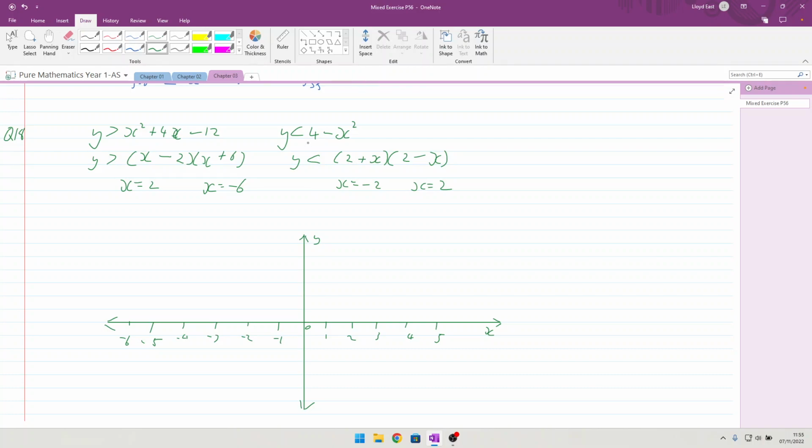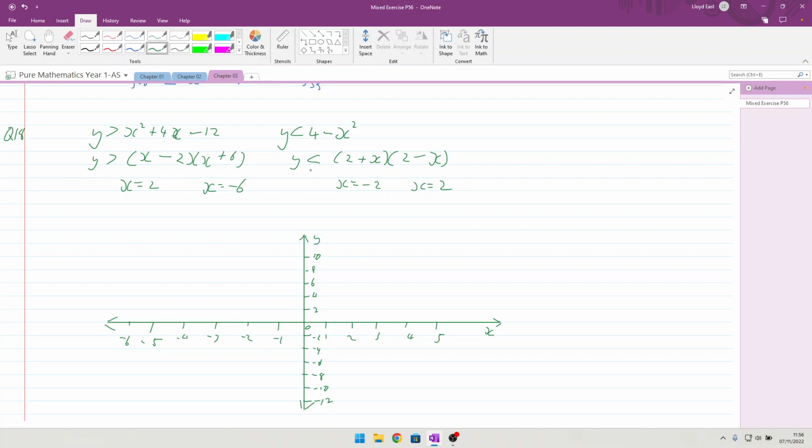Okay, and we are going up to 4, but we're also going down to 12. So I think we will go 2, 4, 6, 8, 10, 12, and coming up 2, 4, 6, 8, 10. Minus 2, minus 4, 6, 8, 10, minus 12.